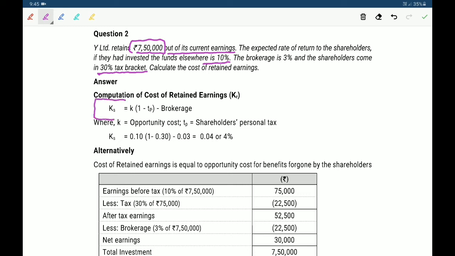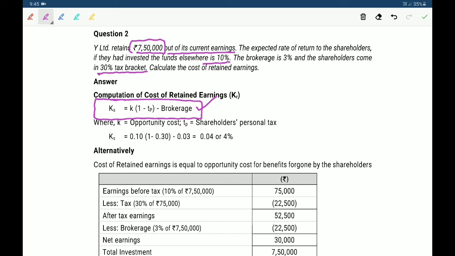This can be calculated in two ways. The first one is formula based: K into 1 minus shareholders' personal tax, minus brokerage. K means opportunity cost.